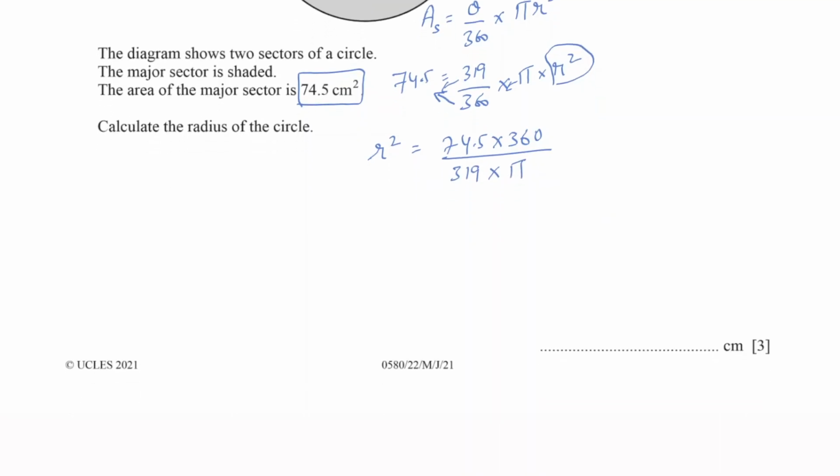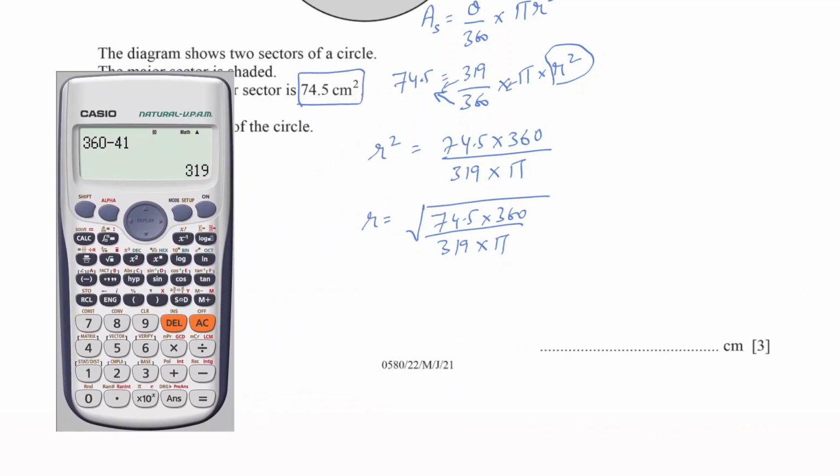So cross multiplication is very important. So the value of r will be the square root of 74.5 times 360 divided by 319 times pi. Let us use a calculator to solve this.